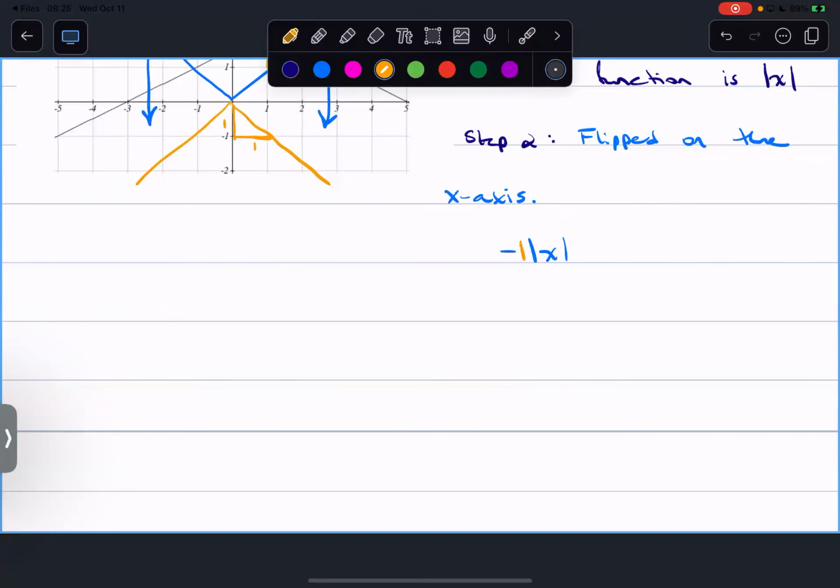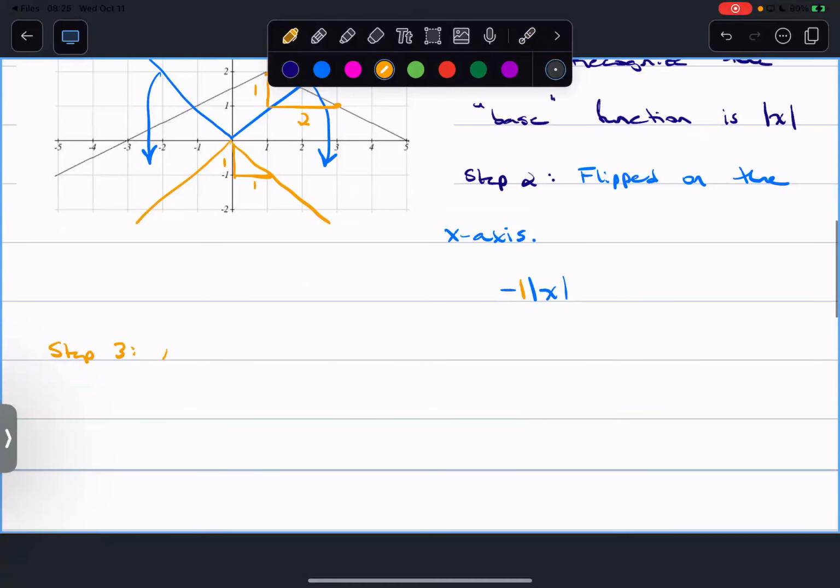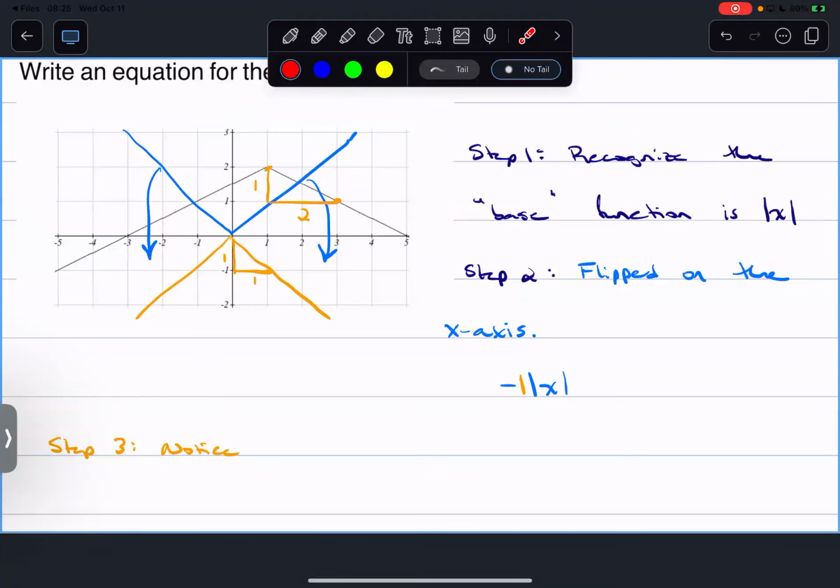And so let's see here, step 3. Notice, and you can confirm on the other side as well, it's also going to be 1/2 for the slope. It's going to be positive, negative, but we can just look at the 1/2.